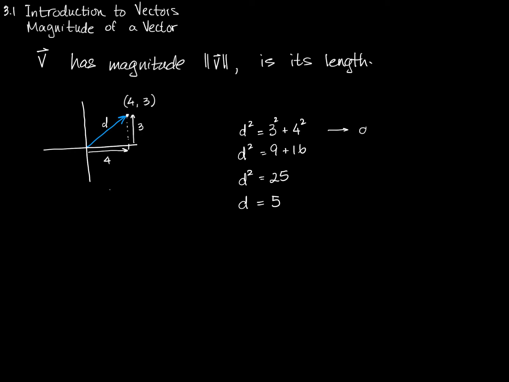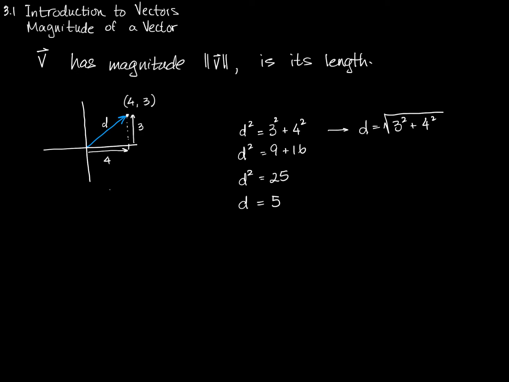Since d squared is equal to 3 squared plus 4 squared, d is equal to the square root of 3 squared plus 4 squared. This, of course, is 9 plus 16, which is 25, and the square root of 25 is still 5. So the point is that to find the length of a vector, I've just used the Pythagorean theorem.